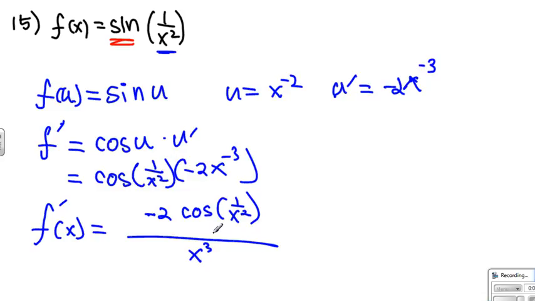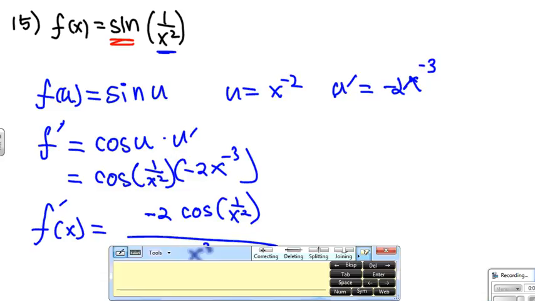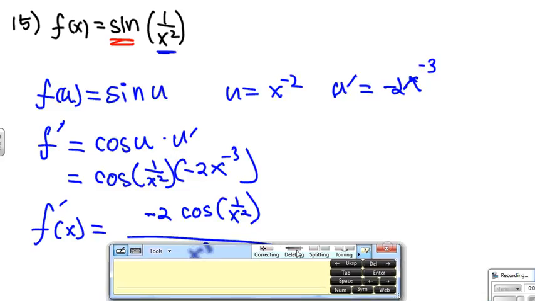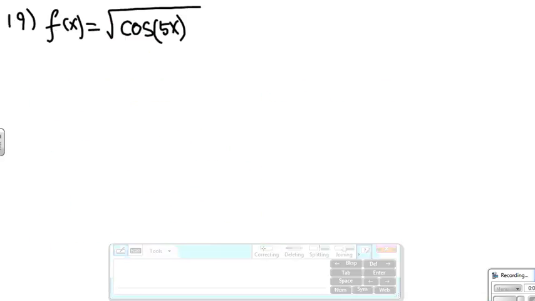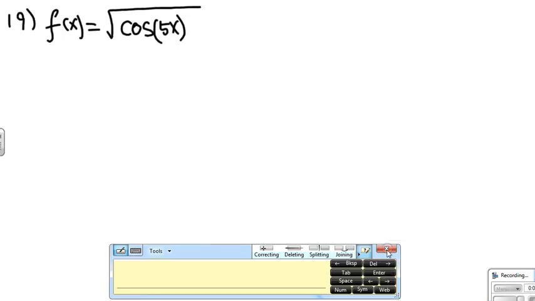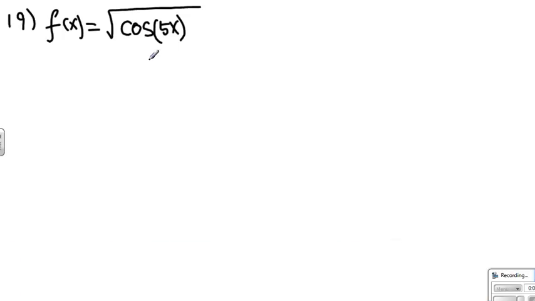Let us continue with the next question, number 19. Here, in this case, we have 3 layers. The first layer is the square root of something, the second layer is the cosine, and the third layer is the 5x.